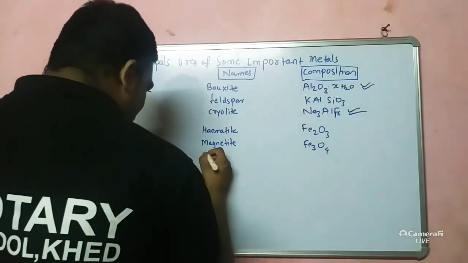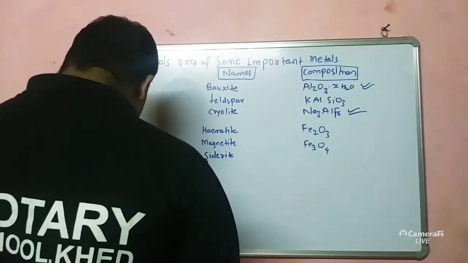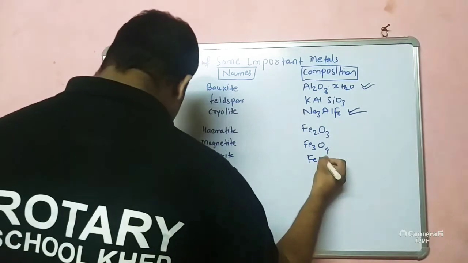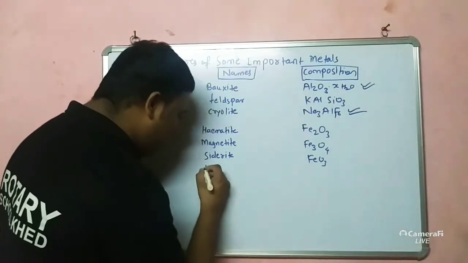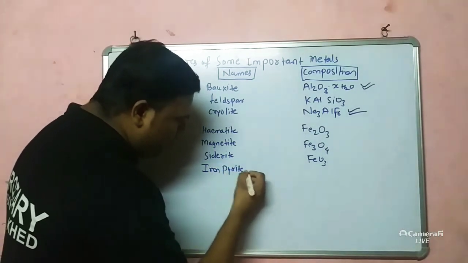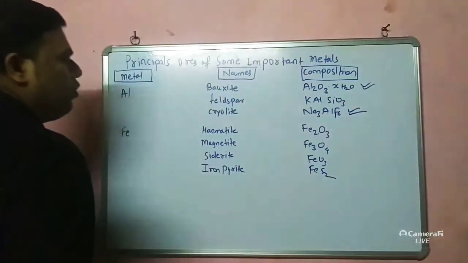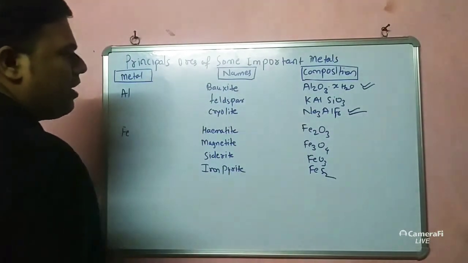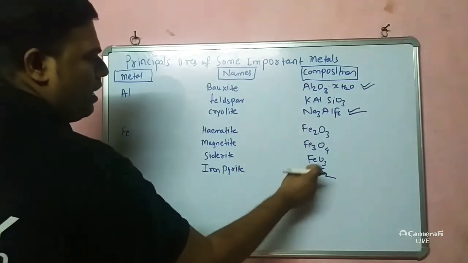Next, siderite, FeCO3. Then iron pyrites, FeS2. So in that, these 1, 2 and 3 are important.